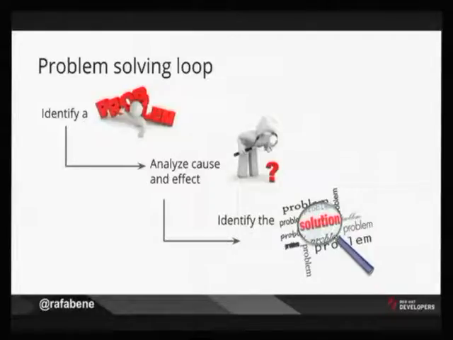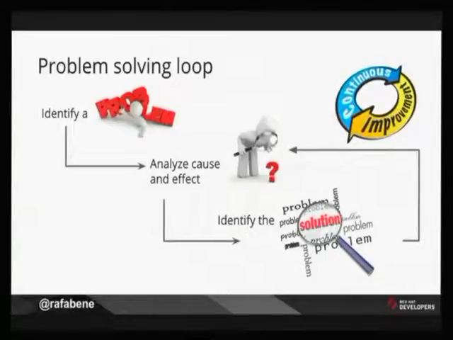And once we find a solution, when we implement it, we have a kind of feedback loop, a continuous improvement of that solution, because we continuously try to find a better solution. If it can be better, we try it, and that keeps improving. And if you think about your life, everything is based on the feedback loop. For example, when you are a small child learning how to walk, you have the feedback of gravity.